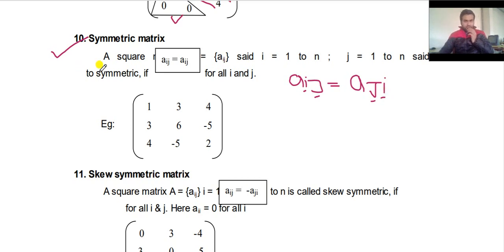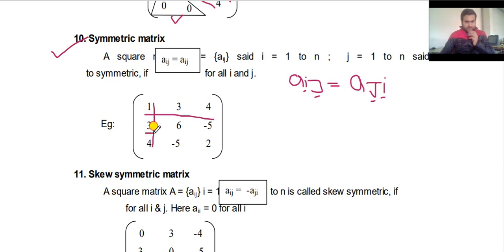In this case you can see the first row of this matrix is 1, 3, 4. If we convert this row into a column, the first row becomes the first column, which is also 1, 3, 4. So there is no change if you transpose this matrix.